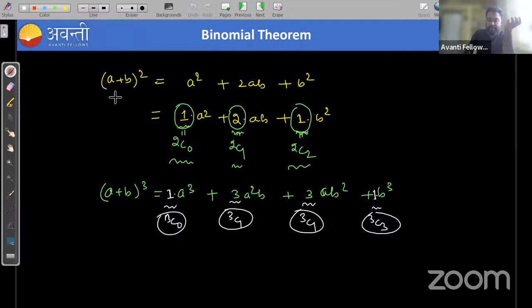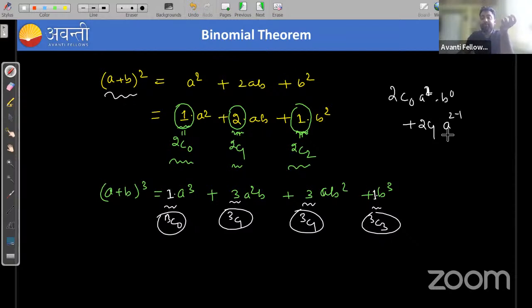See, in (a plus b) whole square, we first write 2c0 a square into b to the power 0. Then 2c1 a to the power 2 minus 1.